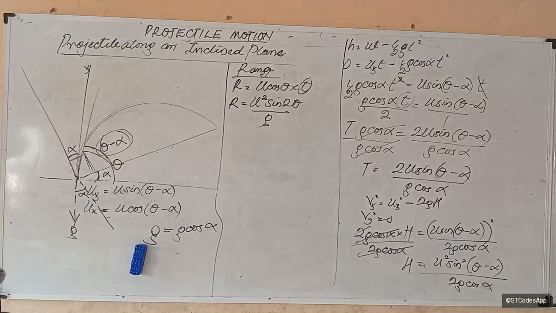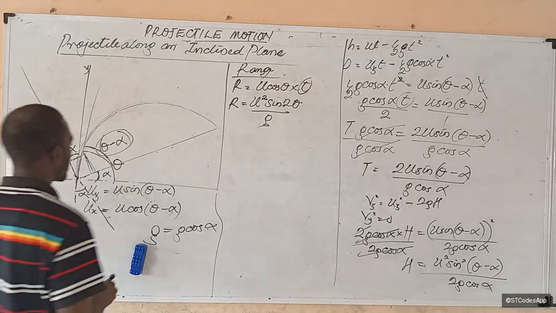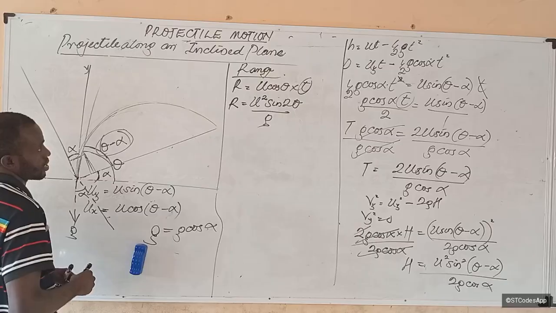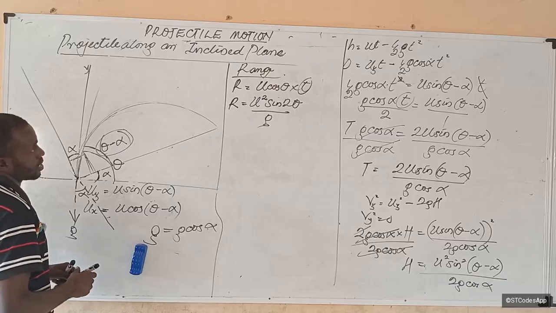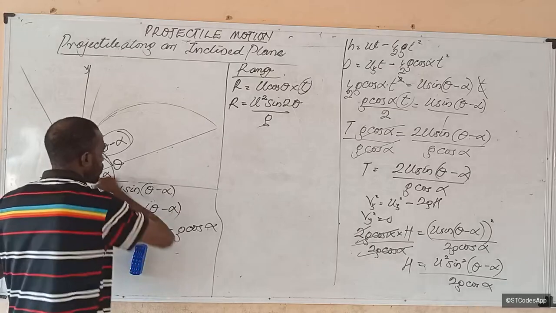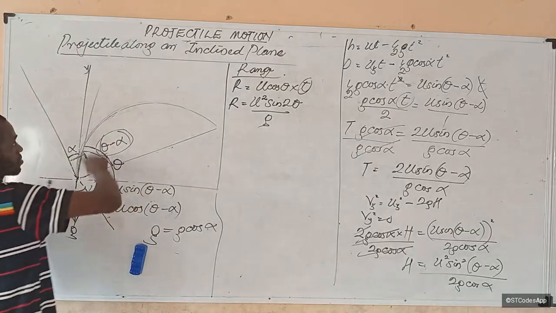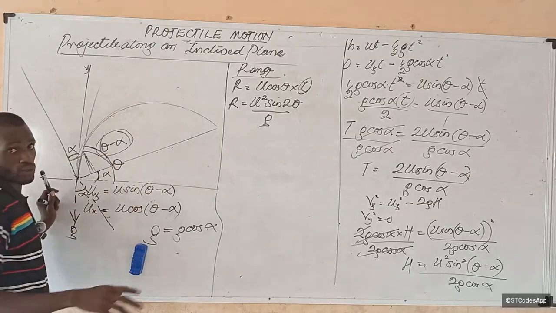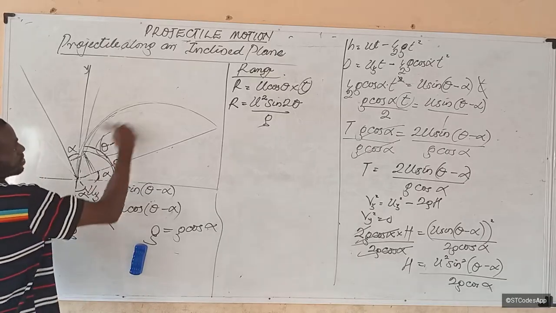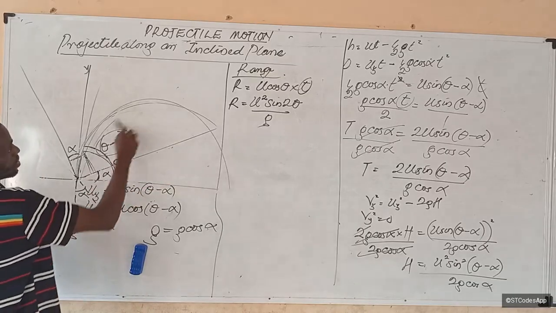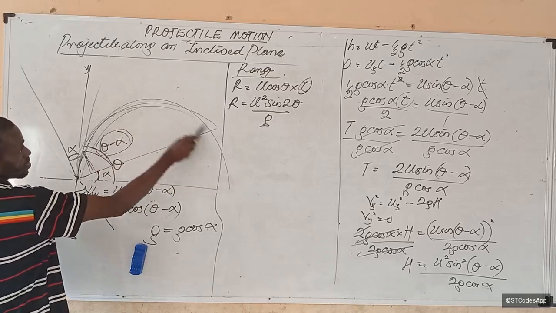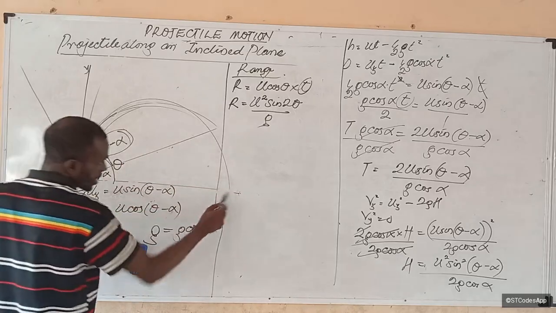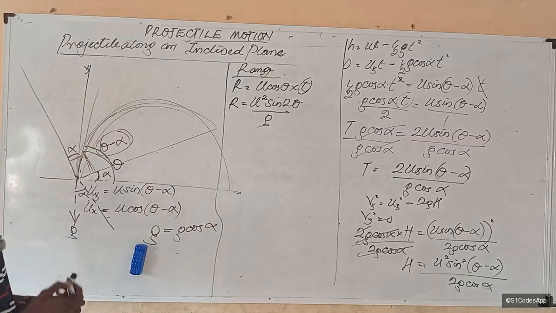Now, this range here is the range for horizontal surface, like if I completed this, provided I'm still going in the same parabola. Is that clear?